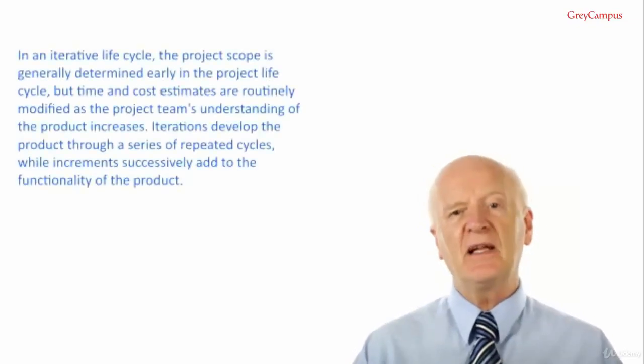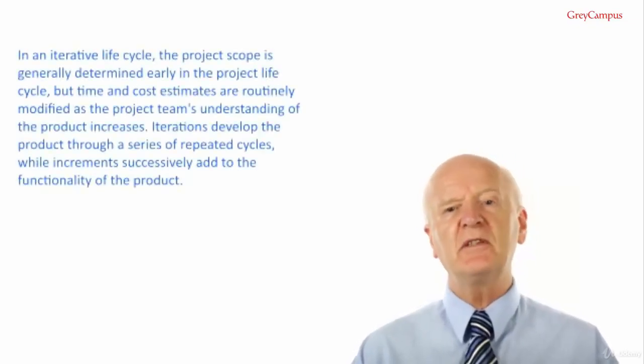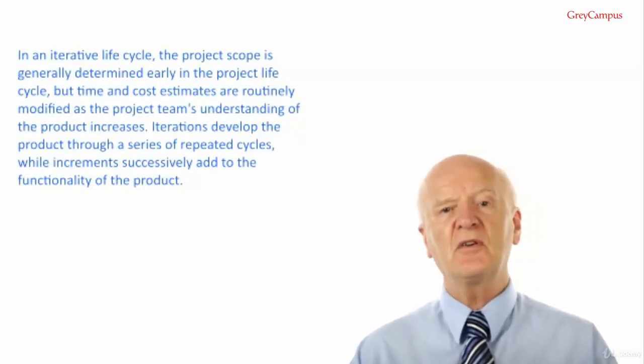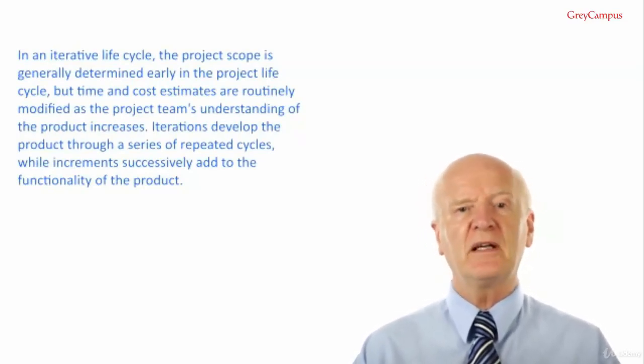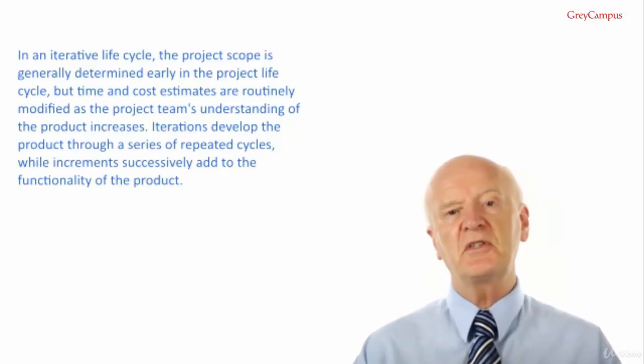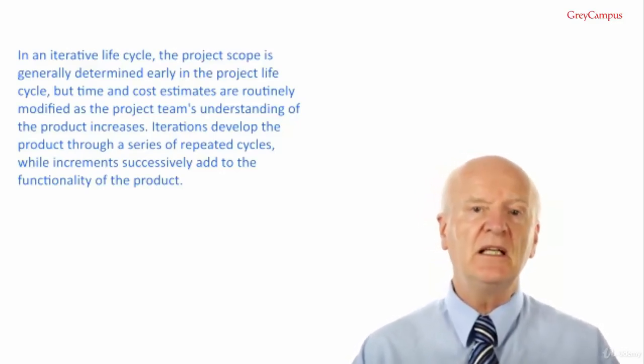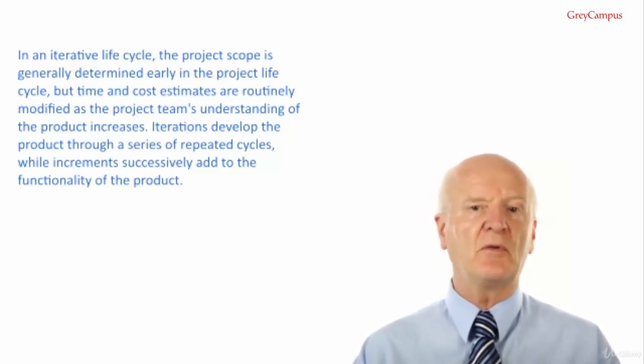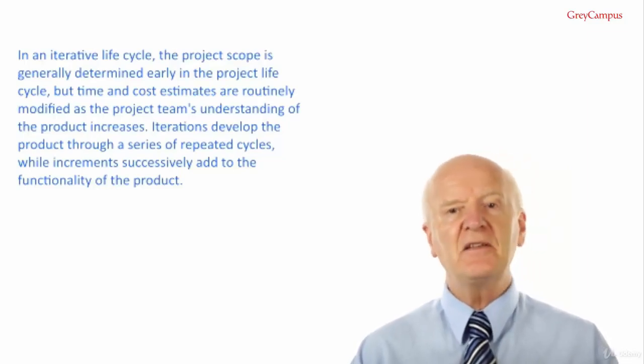In an iterative life cycle, the project scope is generally determined early in the project life cycle, but time and cost estimates are routinely modified as the project team's understanding of the product increases. Iterations develop the project through a series of repeated cycles, while increments successfully add to the functionality of the product.